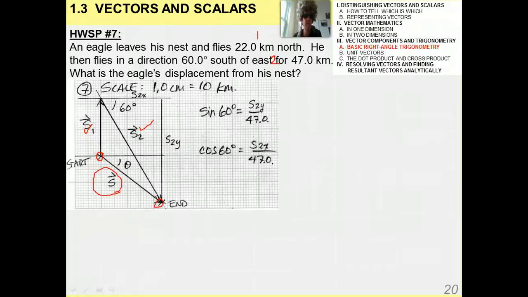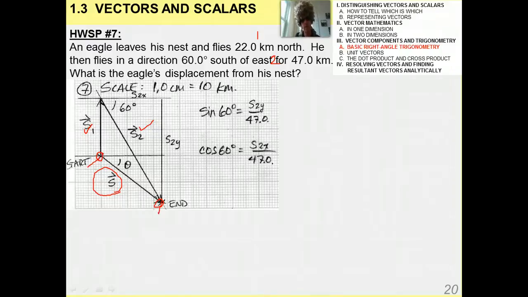So a lot of times you're going to have to read the problem a couple of times and really draw your diagram to really understand what it is you're even asked to find. And the other advantage of drawing a diagram is that you can see whether or not your vector values are even in the ballpark of reality. Okay, so I can see that the length of this vector is going to be somewhere between the length of S1 and S2.